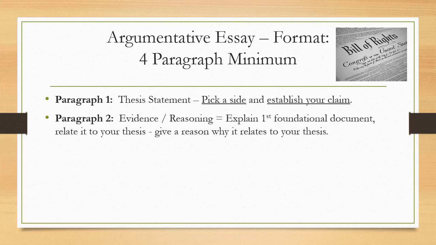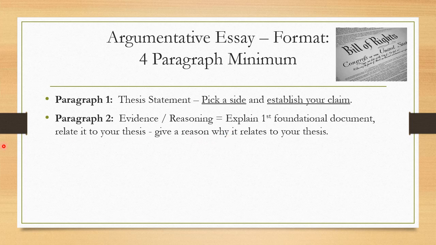Paragraph 2, very simple. Evidence and reasoning. What does evidence mean? It means connecting your claim to a foundational document. So this is what I would like your paragraph to look like. You'll first explain your foundational document. Then you'll relate it to your thesis, and then give a reason why it relates to your thesis.